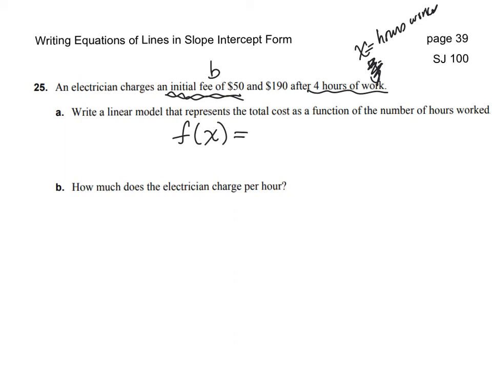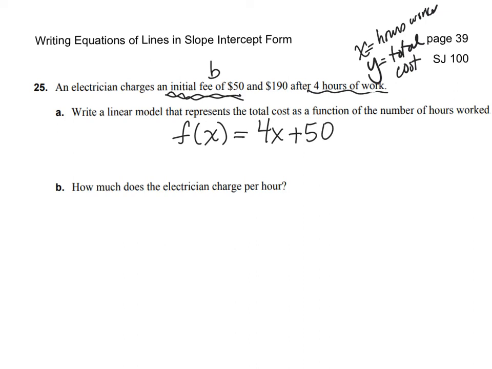So I should just include that in there. Let me erase that. I'm just going to say Y is the total cost. Okay, so 4 hours of work. So 4 times X will give me a total of how much I have to pay just for the work. Then plus 50 would give me the total cost. So that's my function.